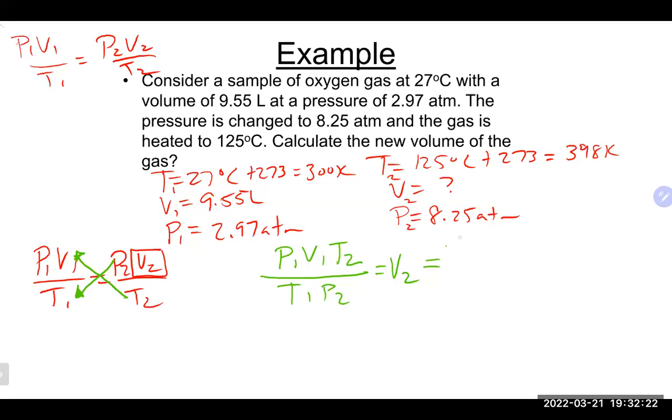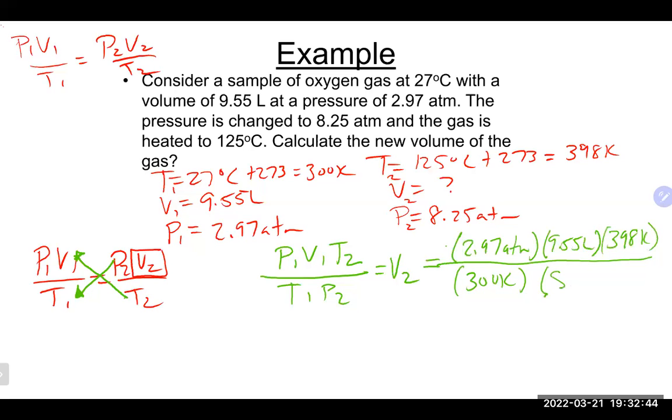So up on top should go P1, which is 2.97, our V1, which is 9.55 liters, and T2 up on top, which is 398, divided by T1 on the bottom, which is 300, and our P2, which is 8.25 atmospheres. Atmospheres will cancel, the Kelvin will cancel. That is going to leave us just liters left, which is good because we're solving for a volume.